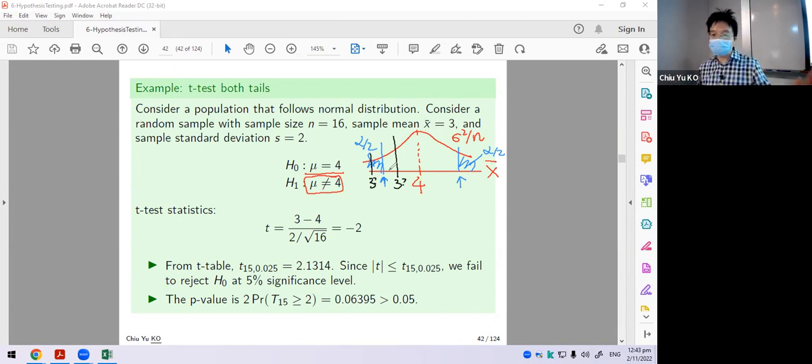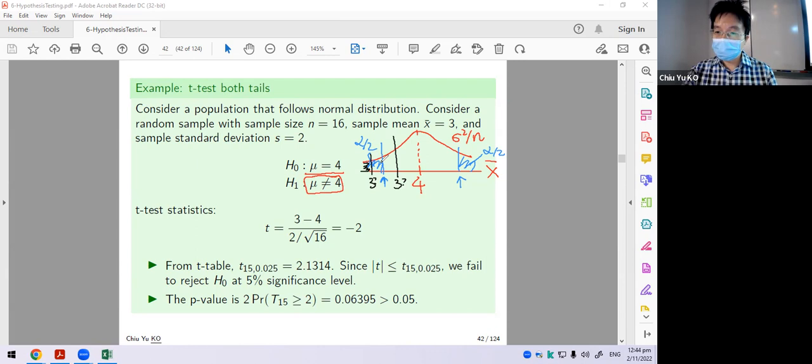If it is in the blue region, then reject. If not, then not. Or I can look at the area on the left of 3, the black area. If the black area is less than alpha over 2, then you reject. It's the same thing, so it doesn't really matter which way you use it.